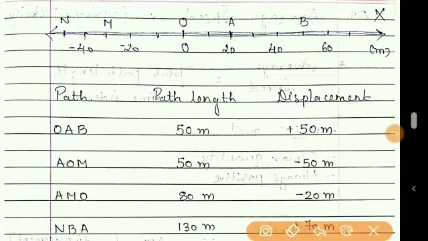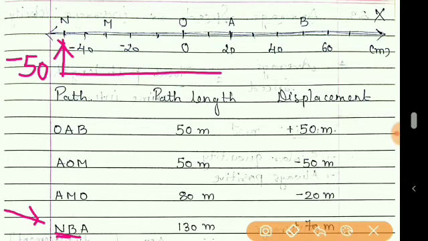Now students, let us take one more path, that is NBA. Now this point N represents minus 50. Now the particle moves from N to B. So how much distance is this from N to B? Clearly you can see that from O to B it is 50, because here this represents 50.